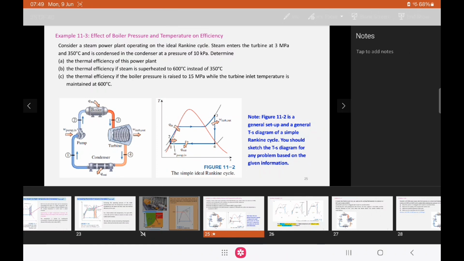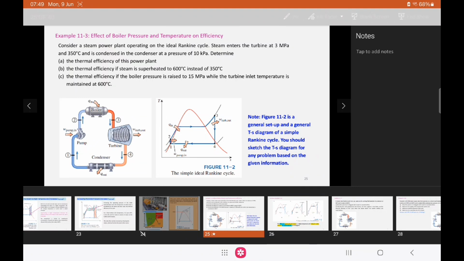So in part A, we are looking at the thermal efficiency of this plant. And for part B, we want to see what will happen if we increase the temperature of the steam that comes into the turbine. Initially it comes into the turbine at 350 degrees Celsius. Now we increase it to 600 degrees Celsius.